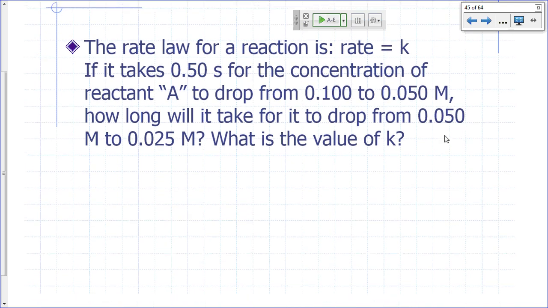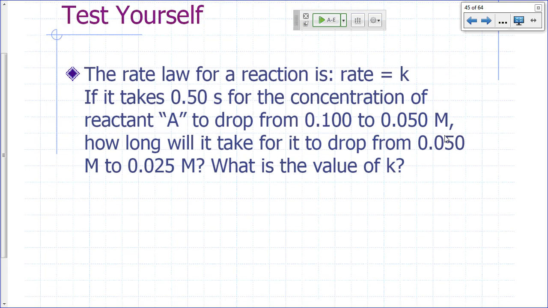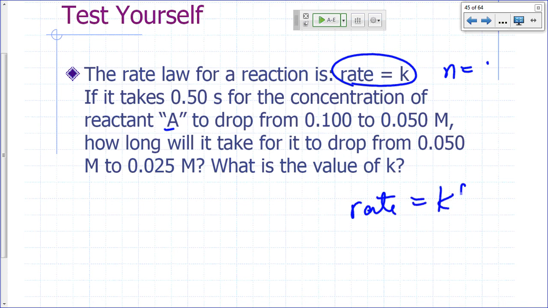Let's apply what we've learned so far to this question. The rate law for a reaction is rate equals K. Okay, what's the order of the reaction here? N equals 1. I have reactant A, so it's rate equals K times reactant A raised to what power?